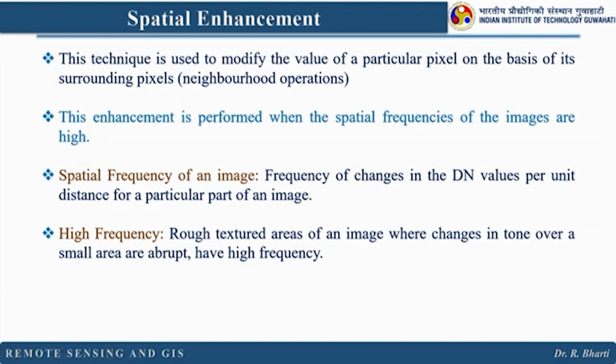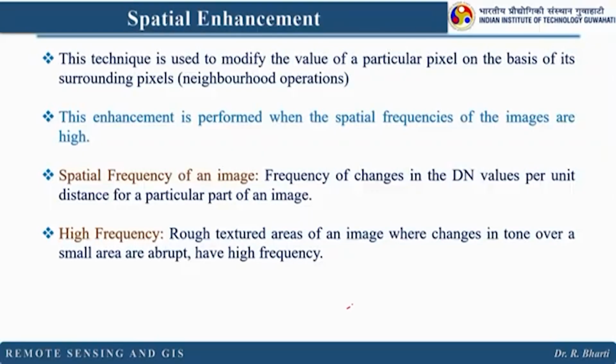When we say high frequency, it refers to a rough textured area of an image where changes in tone over a small area are abrupt. That means if this is my image and it has this kind of behavior.